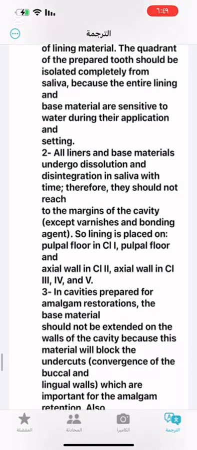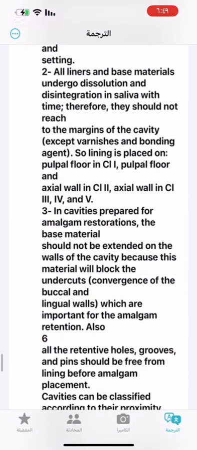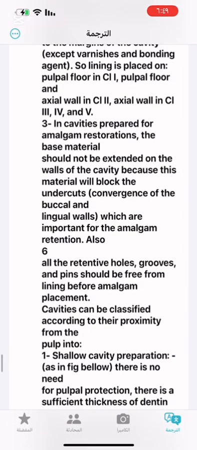So lining is placed on the pulpal floor in class I, pulpal floor in class II, axial wall in class II, axial wall in class III, IV, and V in cavities prepared for amalgam restorations.